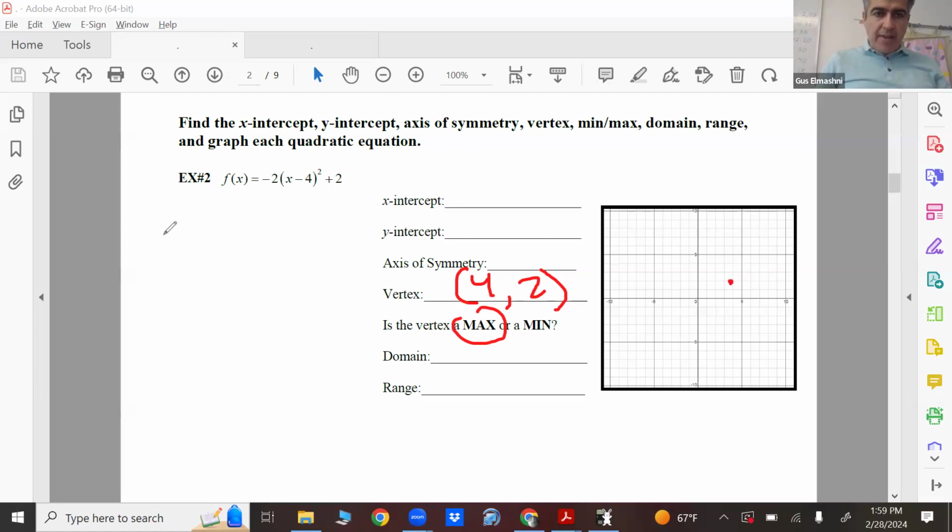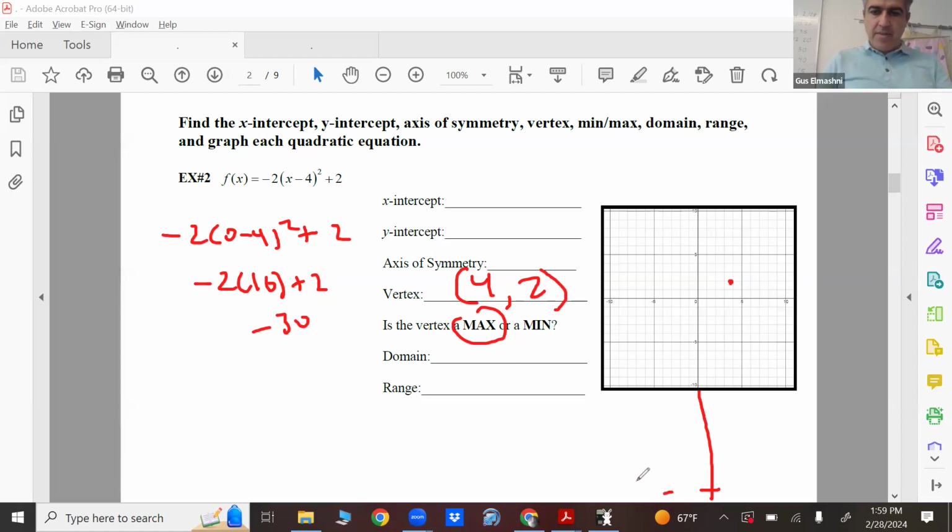If I plug in 0 for x, that one's going to be a little crazy. You get -30. Oh boy. Just go with it. Kind of crazy, right?